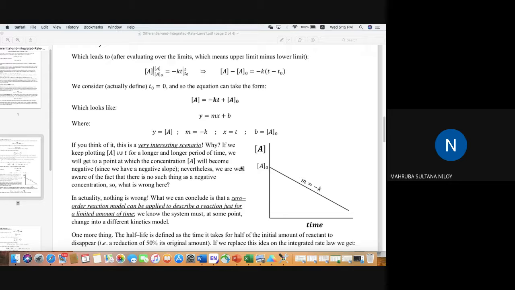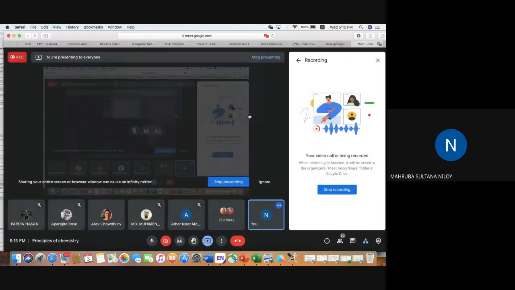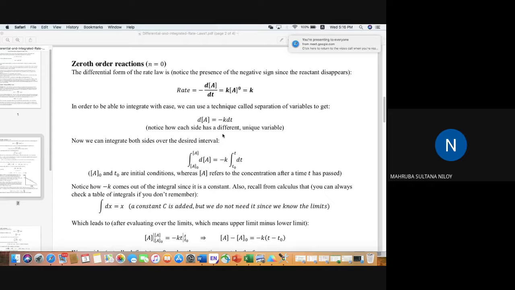So can anyone explain this equation from the beginning to end? Anyone? It will be helpful for new people who join right now. If you face difficulties, I will help, no problem at all, okay?